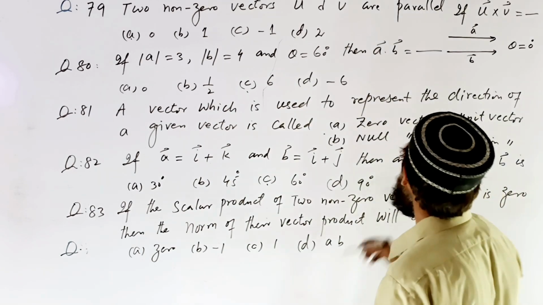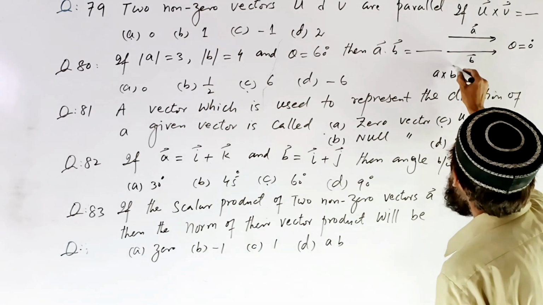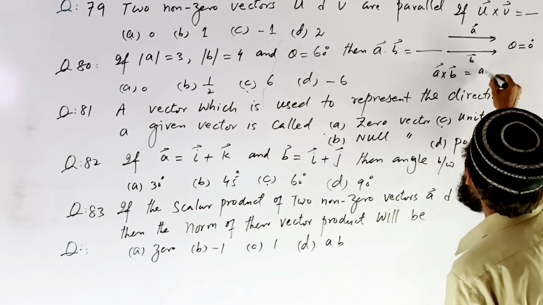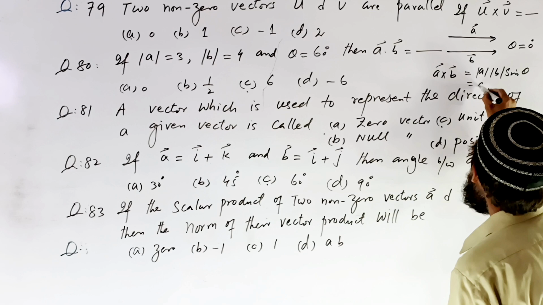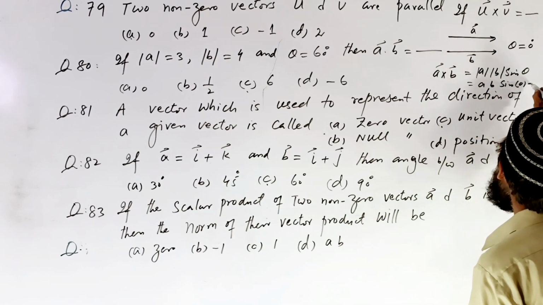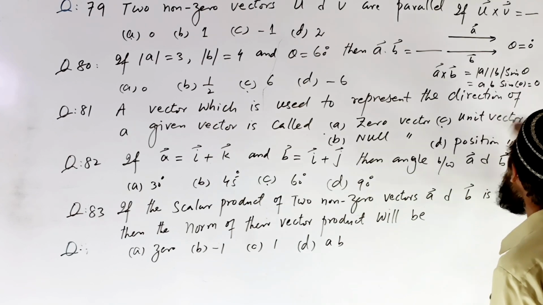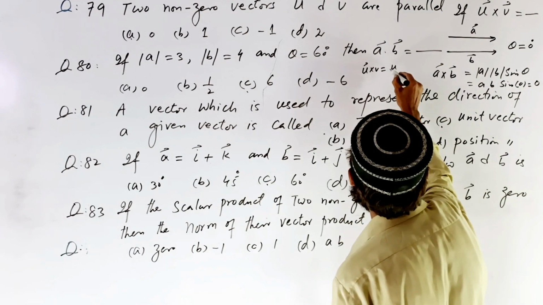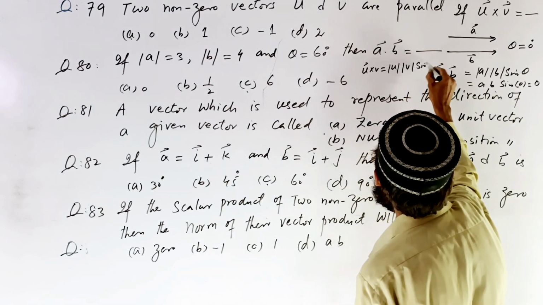So if we apply A cross B, it is A magnitude, B magnitude, sine theta, and here sine 0. So the result will be equal to 0.